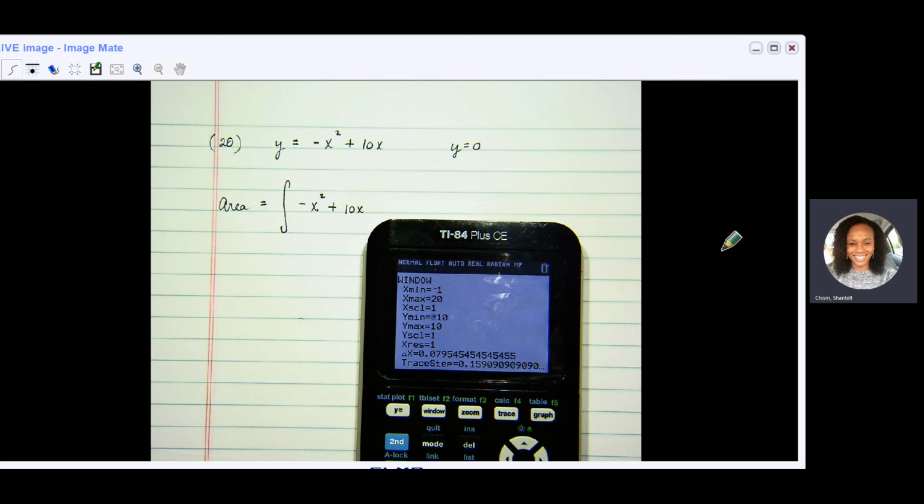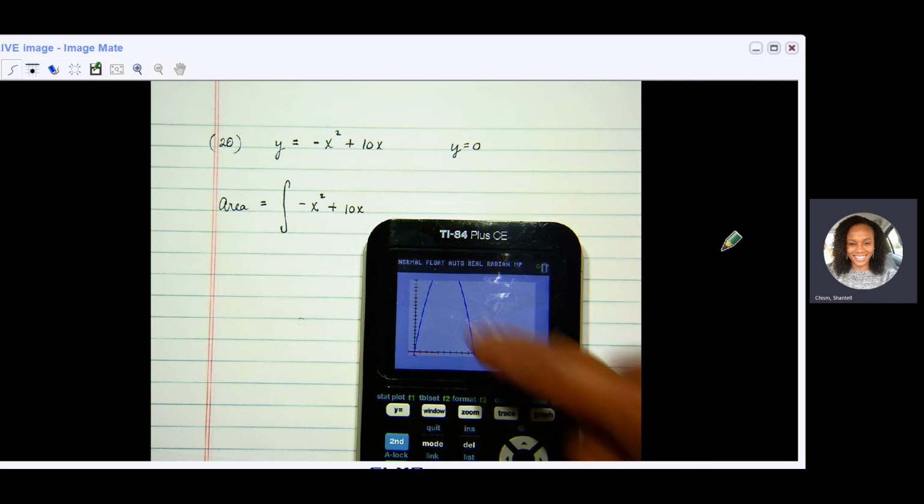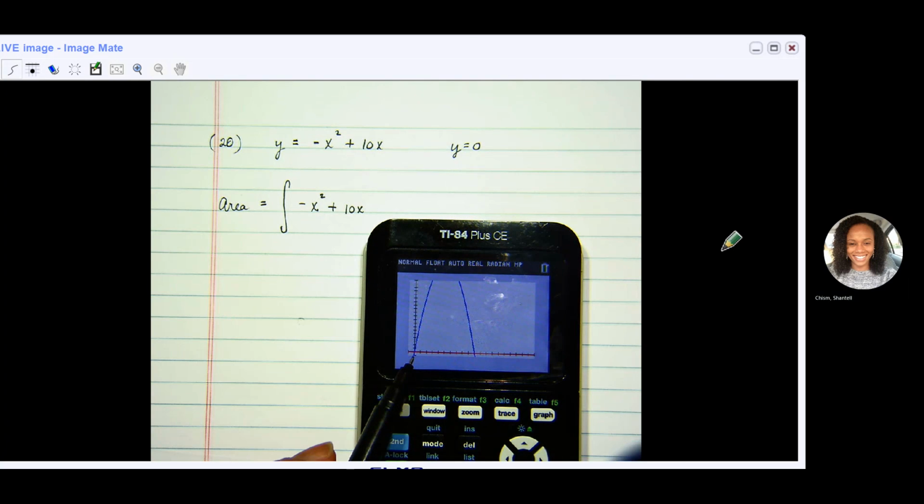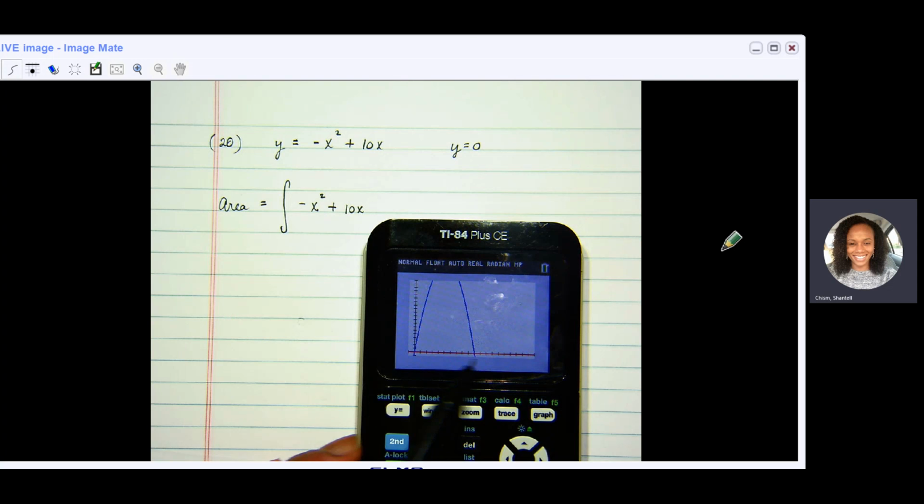And let's do the same thing with y min, -1 and 20. Now let's look at the graph. And I probably still should have gone a little farther up with the y scale. But I can see here at the bottom, the graph starts at 0 and goes from 1, 2, 3, 4, 5, 6, 7, 8, 9, 10. So the area we're talking about under this curve is from 0 to 10.